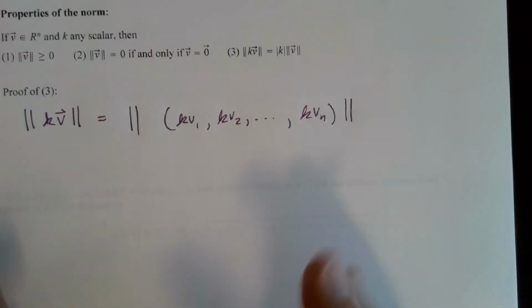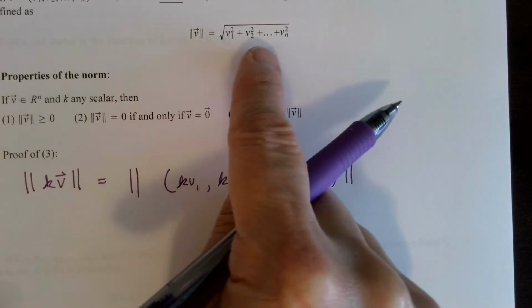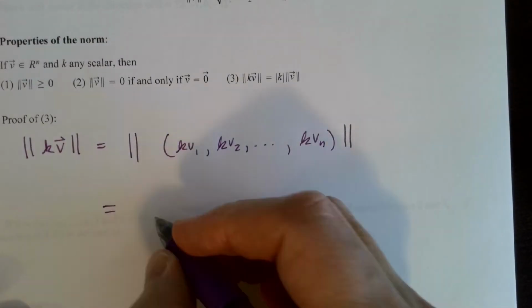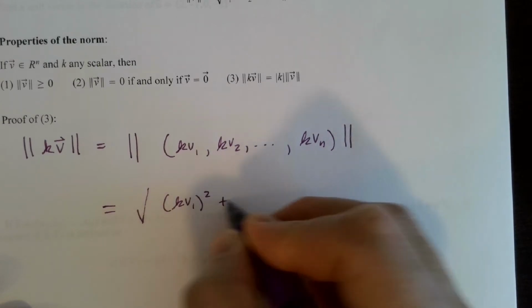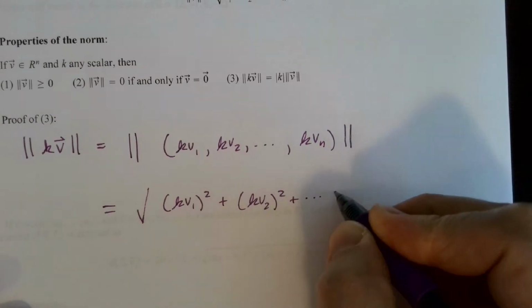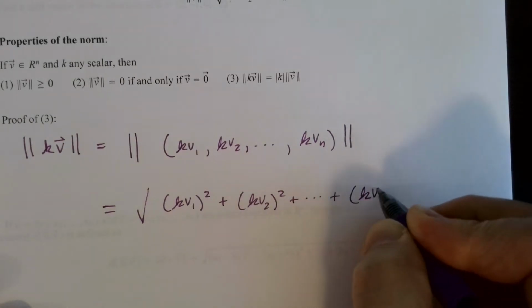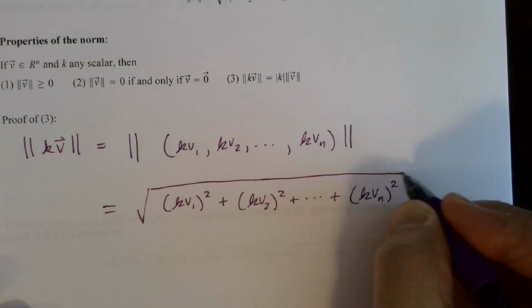By definition of the norm, it's the square root of the sum of the squares of its components. In this case, the components are k v1, square that, k v2, square that, and k vn, square that, the sum of the squares of all those.